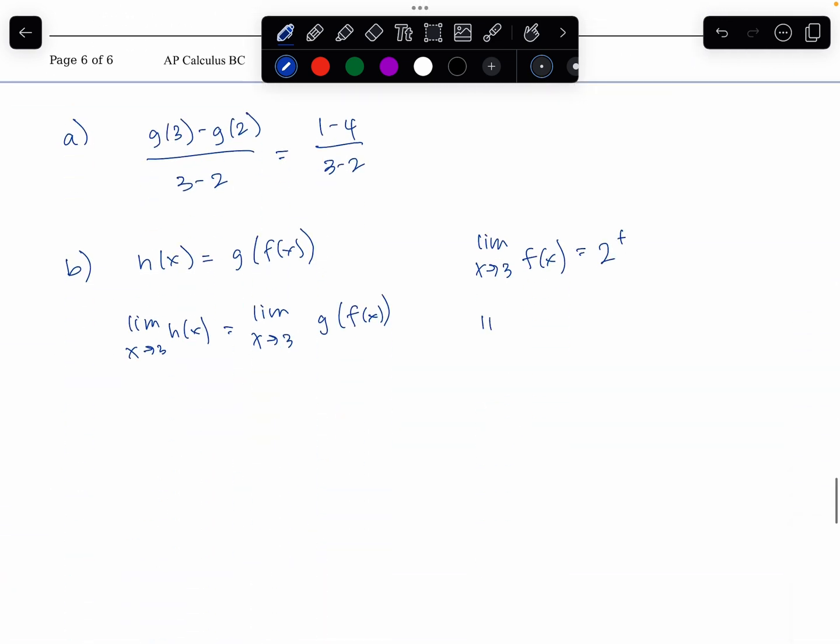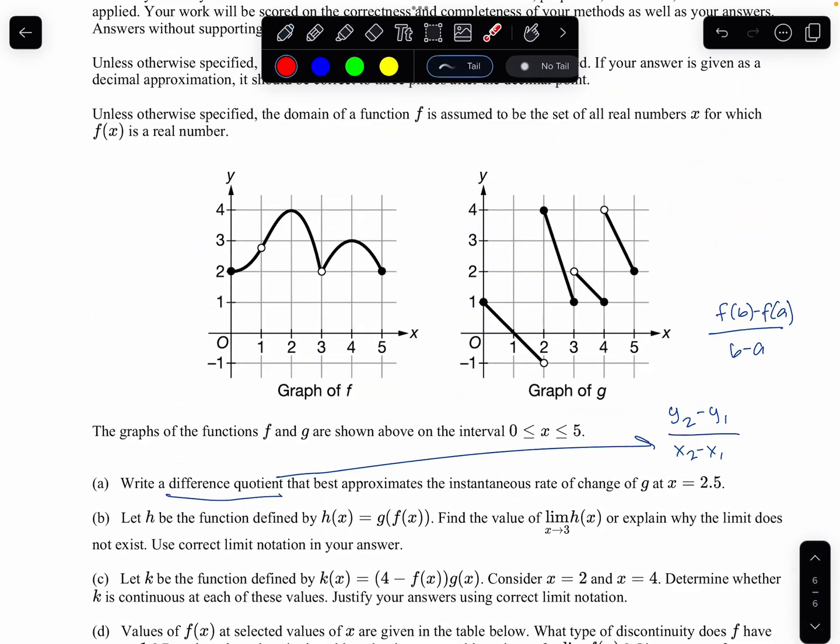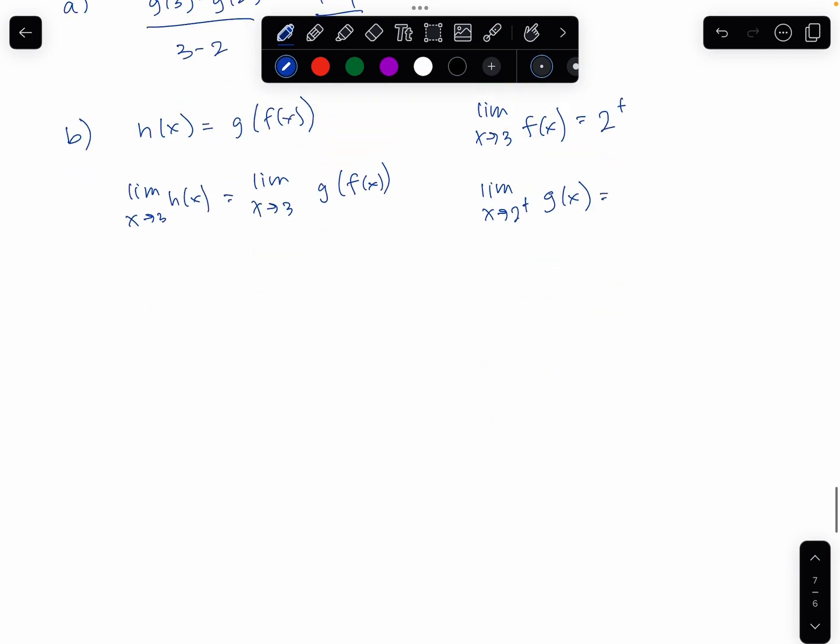Now we're going to evaluate the limit as x approaches 2 from the right of g of x. So the limit as x approaches 2 from the right side of g of x is going to be equal to 4. So the limit as x approaches 3 of h of x is equal to 4.